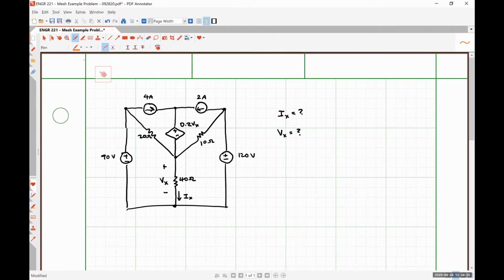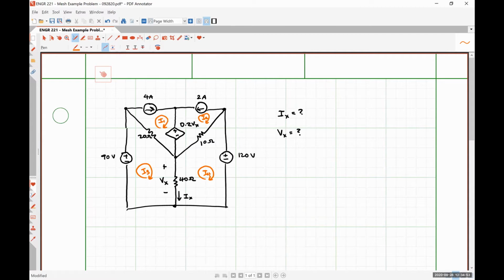So in this case, I'm going to call this guy mesh current 1. This guy mesh current 2. This guy mesh current 3. And this guy mesh current 4. So I believe I've done steps 1 and 2, identifying our meshes and labeling our meshes.